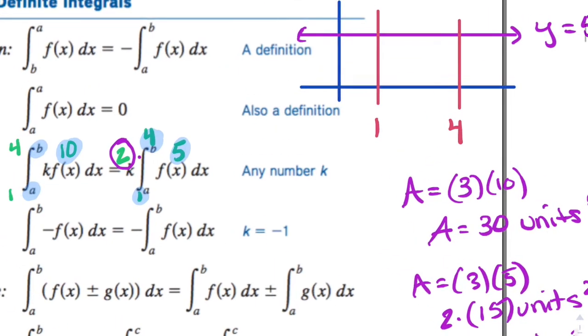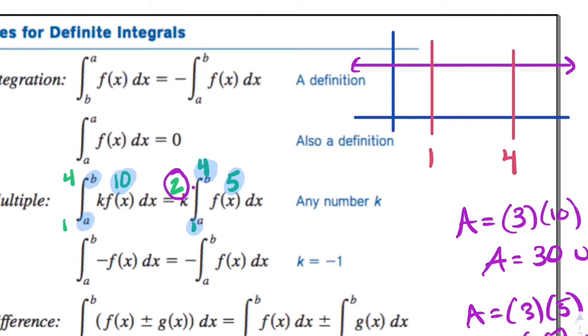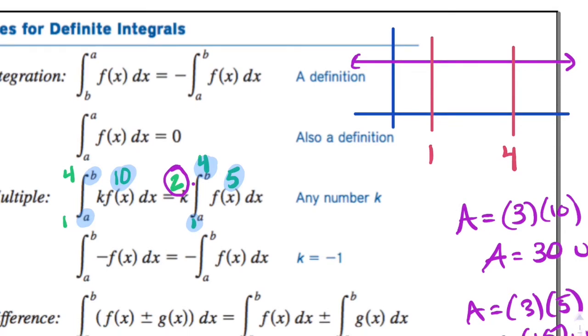So you see that if it was 5x squared, you could factor the 5 out, find just the area of x squared, and then after that multiply it by 5. The area will be the same regardless of whether you find the antiderivative of 5x squared or 5 times the integral of x squared, as long as the a and b are the same limits of integration.